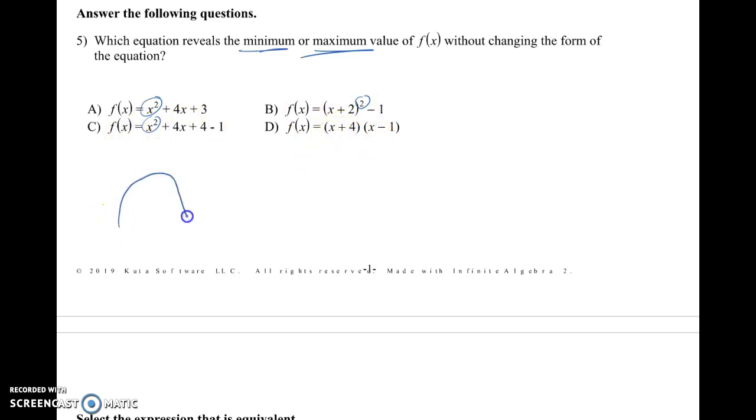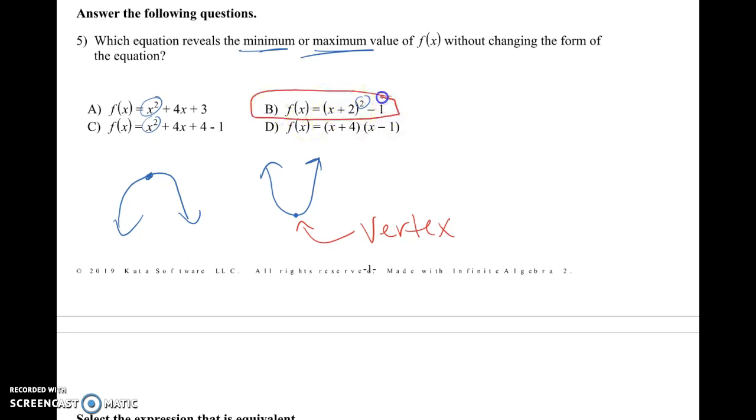So remember, a parabola either looks like this with the maximum point there, or this with a minimum point here. And that fancy term for that point is the vertex. So which one of these highlights the vertex? If you recall, it's this form where our vertex is h comma k.